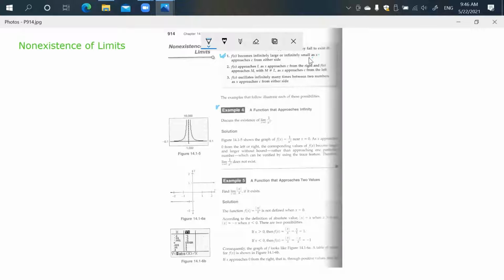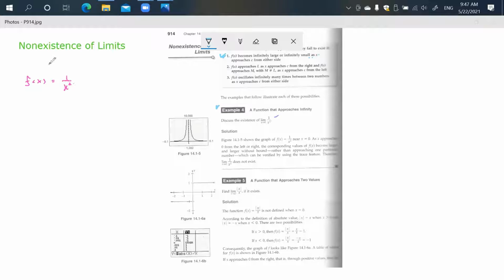Okay, from this one, you can see if we plot the graph, right? Everyone still remember, in this function, 1 over x squared, just say f of x equals 1 over x squared.